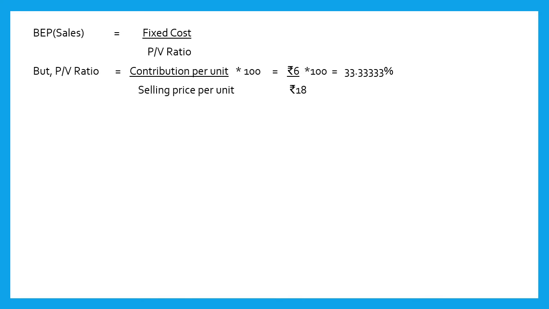We have already given contribution per unit in the example, that is rupees 6, and already given selling price per unit, that is rupees 18, into 100, and we will get the PV ratio as 33.3333%. Hence, BEP sales is equal to rupees 84,000, which is fixed cost, upon 33.3333%, which is our PV ratio. We will get the sales as rupees 2,52,000.